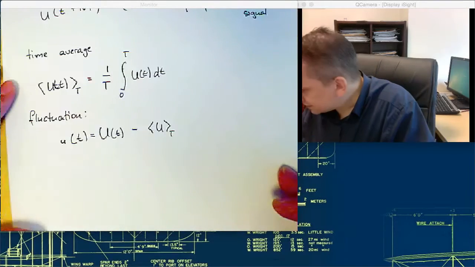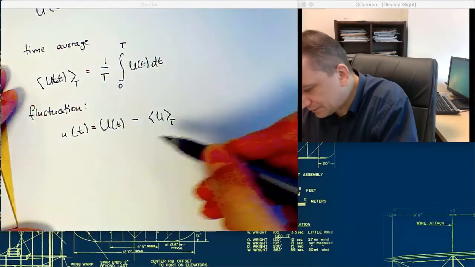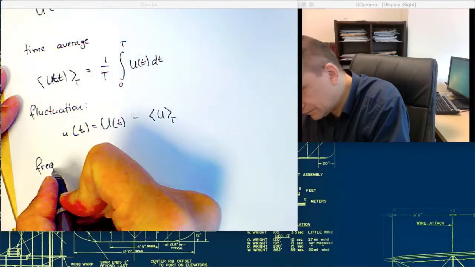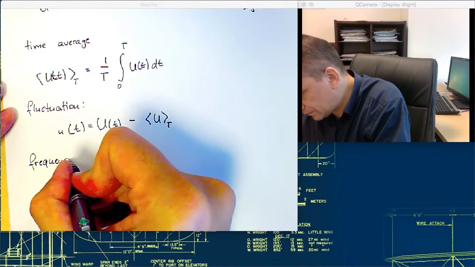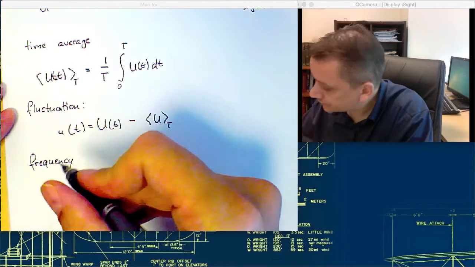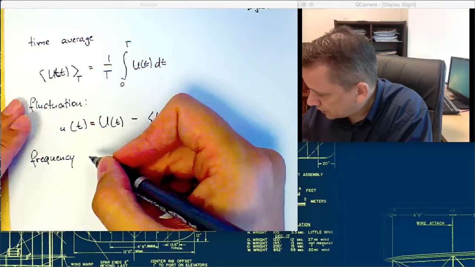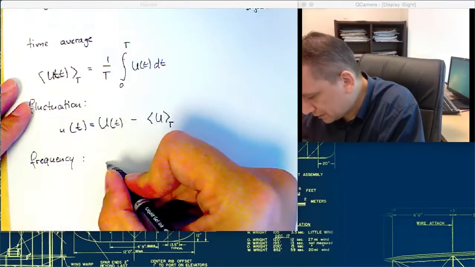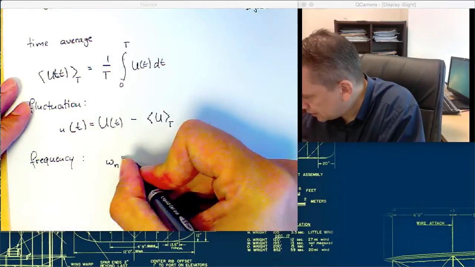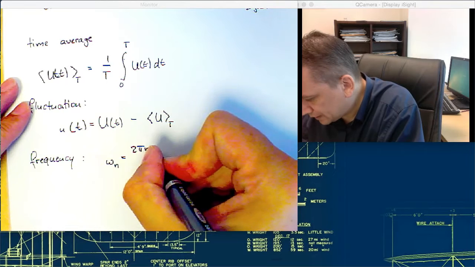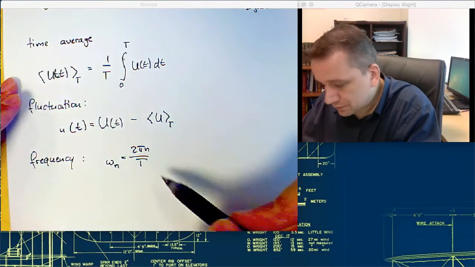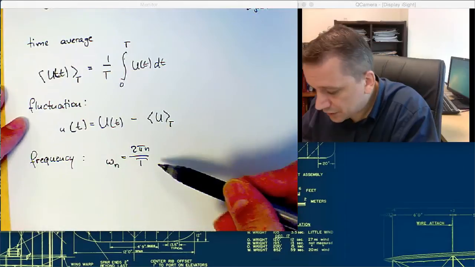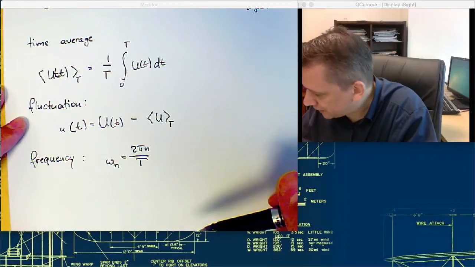Okay, what else do we need? We need the frequency. We define omega n equal 2 pi n over T, for n an integer number, so you can have as many as you want.